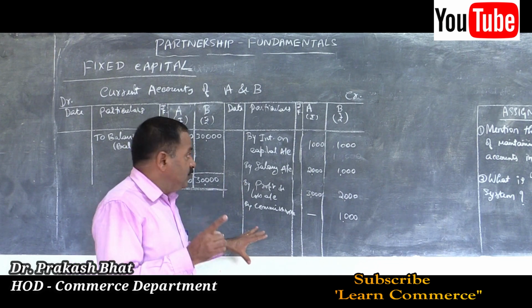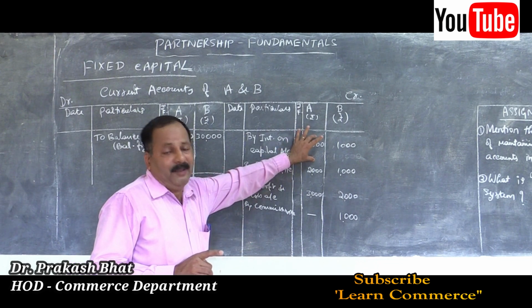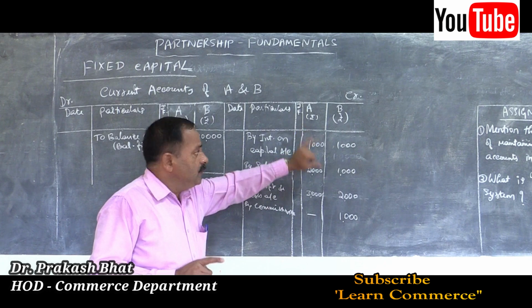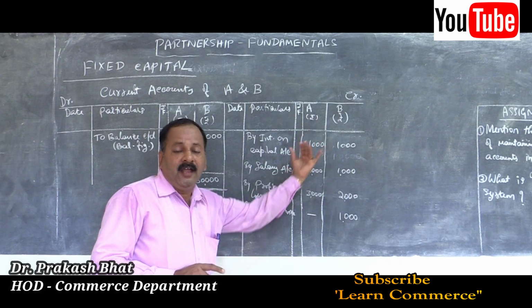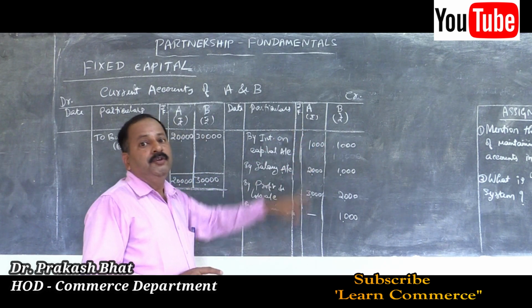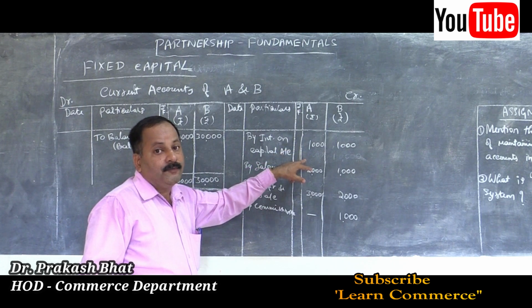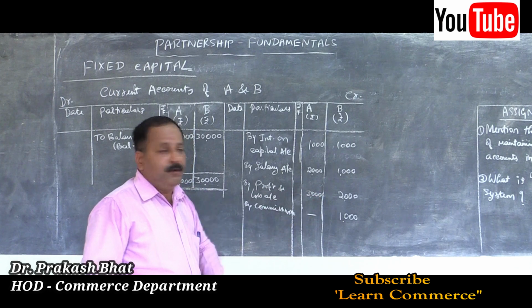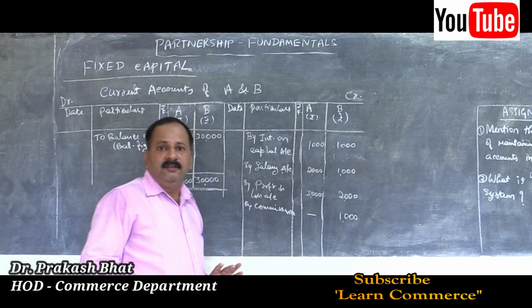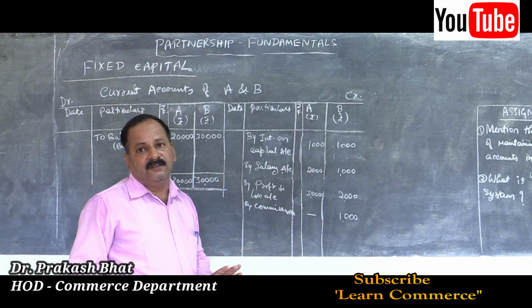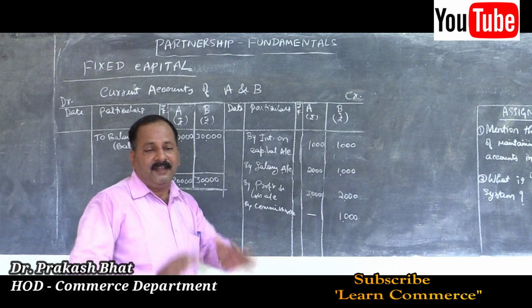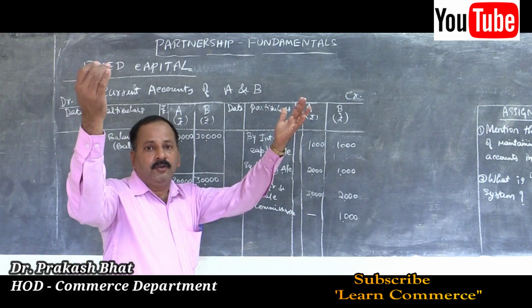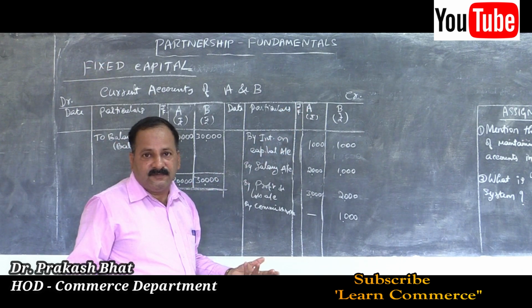Remember, in the examination, don't go for huge amounts. If you write 1 lakh, 10 lakh, 20 lakh, 1 crore, then you need a calculator, a waste of your time. If you write 1,000, 2,000, without a calculator you can add and you will get the same marks. Whether you write 1,000, 10,000, 1 lakh or 1 crore makes no difference.